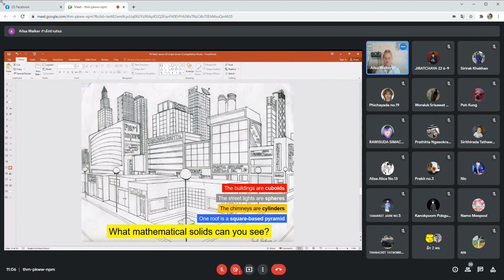Yes. The street lights on the top are spheres. Can you see? The chimneys up here are cylinder shapes. And the roof up here is a square-based pyramid.